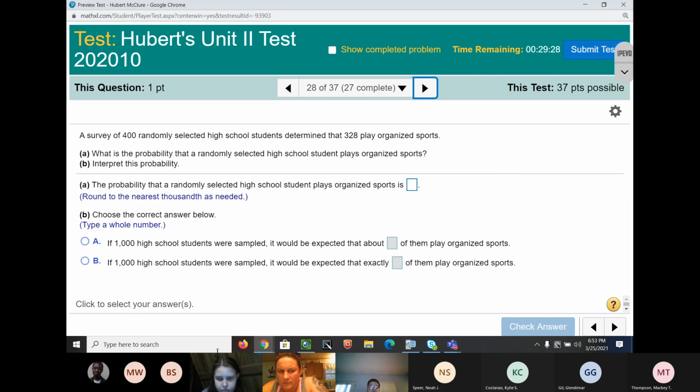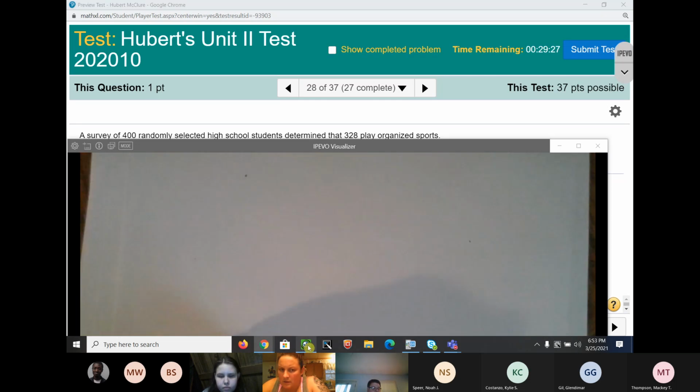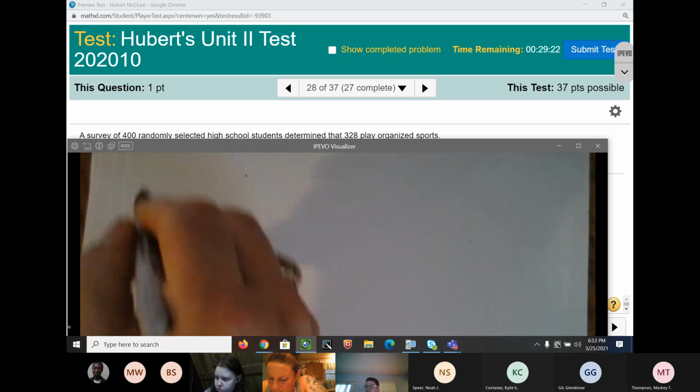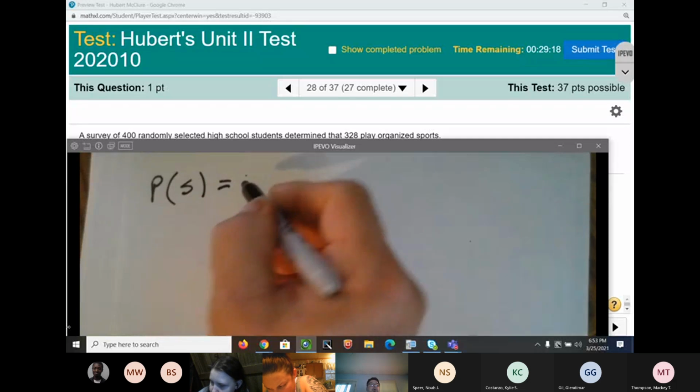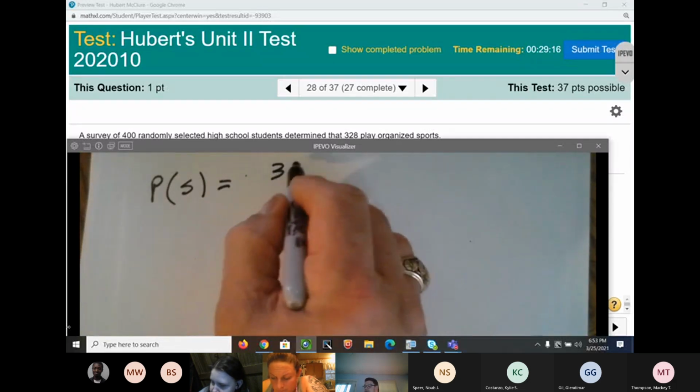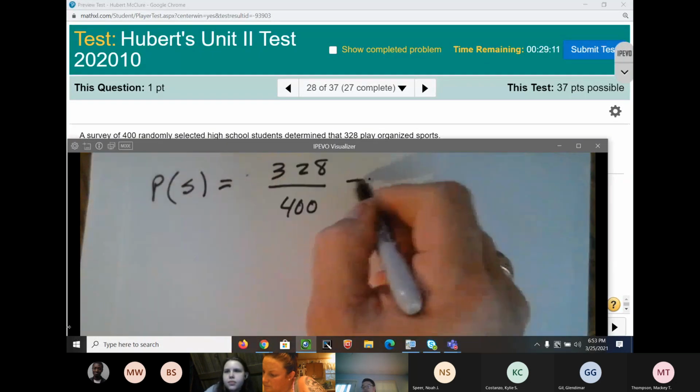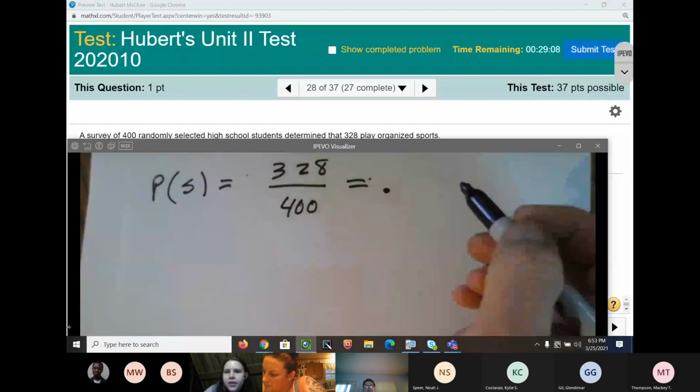So this is what you should write down. This is exactly what you should do. Probability of playing sports is equal to 328 over 400. Somebody give me 2 decimal points on that. 0.82.